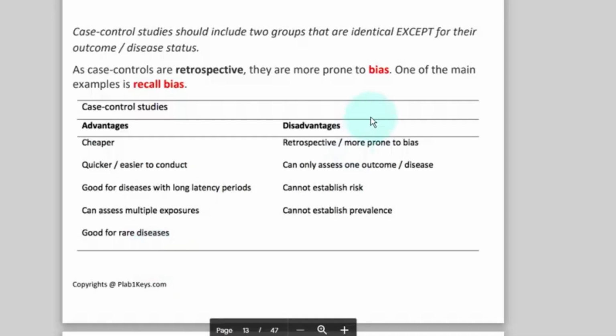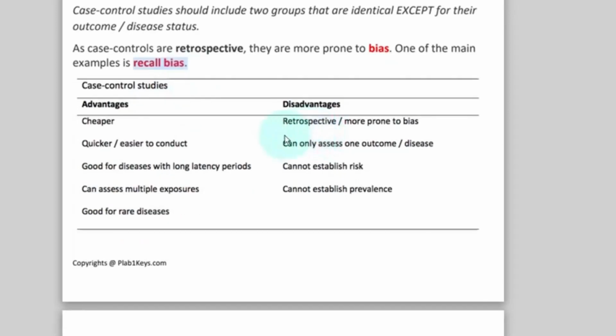Simple. Now, what are the key points? What is the problem in the case control study? That is retrospective. Retro means backward. You go into the past. What is the problem here? The problem is recall bias. People cannot tell you an accurate history of what happened, when it happened, what were the conditions. Now, what are the advantages? It's cheaper. You just have to take history from the patient. Why is the cohort study expensive?